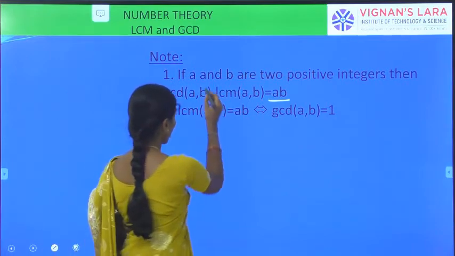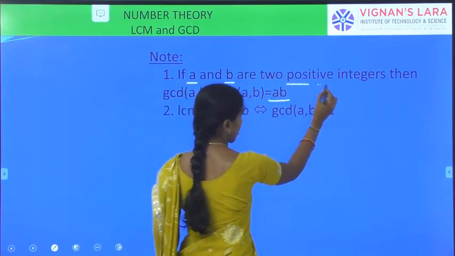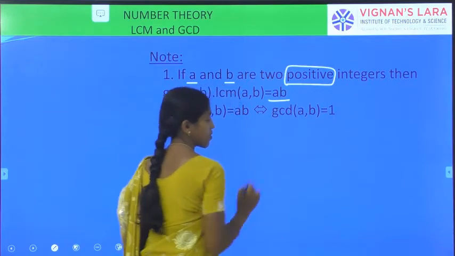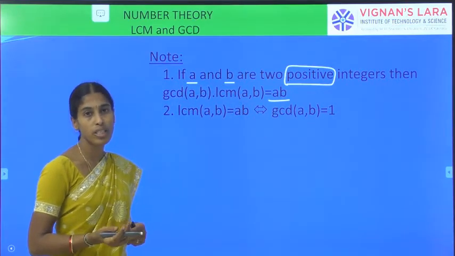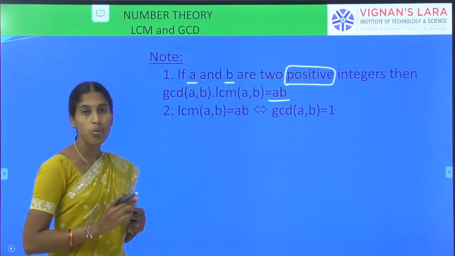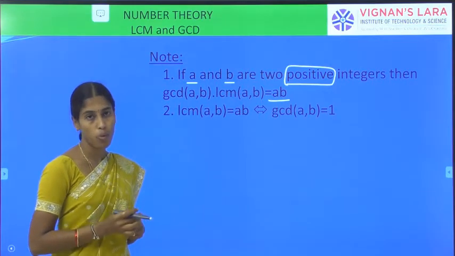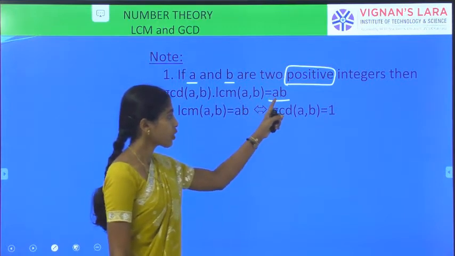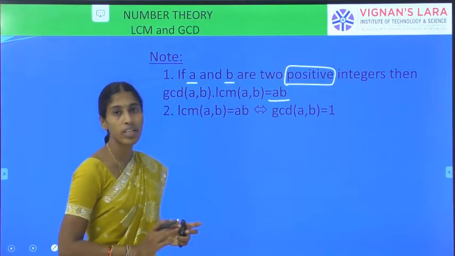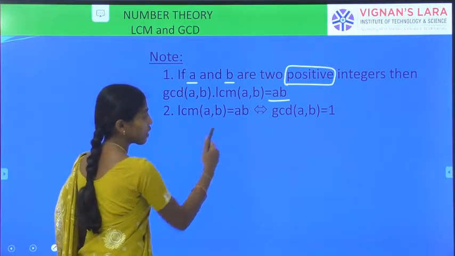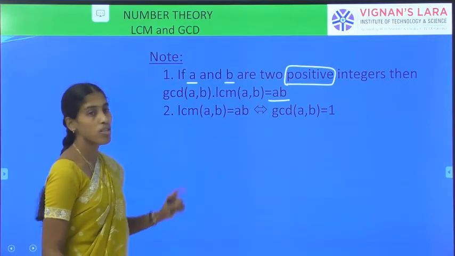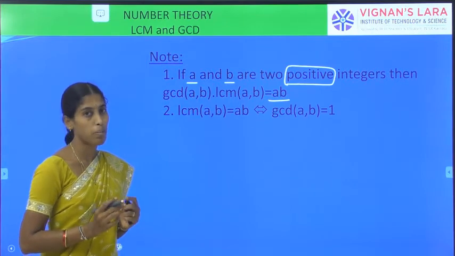Why? Because these two are positive integers. So for any positive integer, modulus of 3 is plus 3 only. So whenever A comma B both are positive integers, no need to take the modulus here, we can just write AB. See the second one, LCM of AB equal to AB. This is possible if both are prime numbers, right?